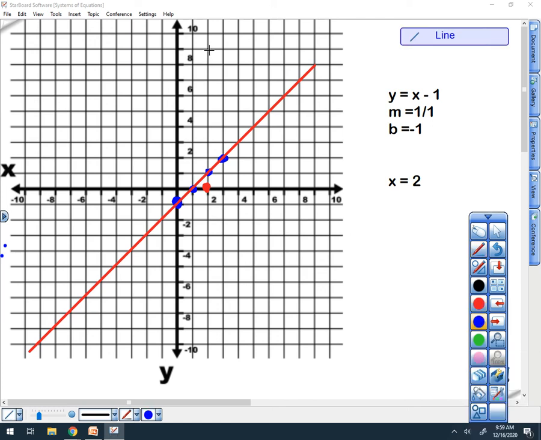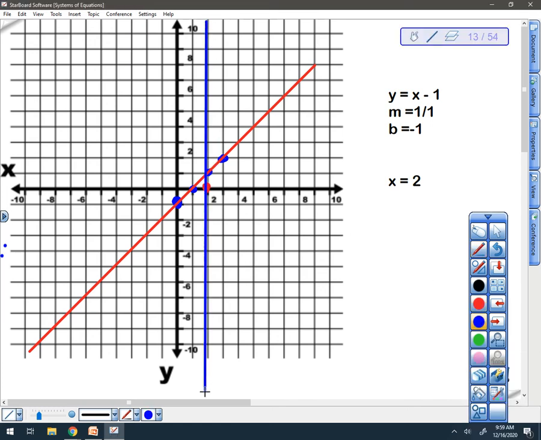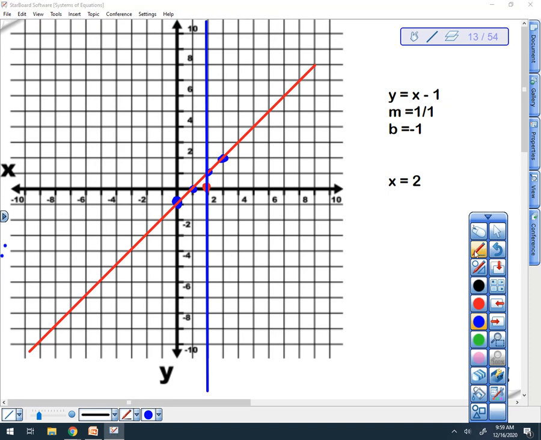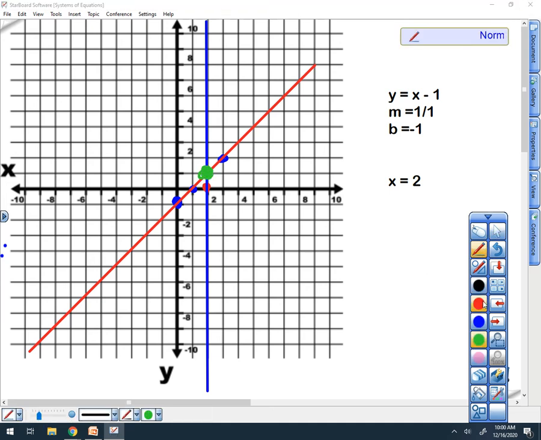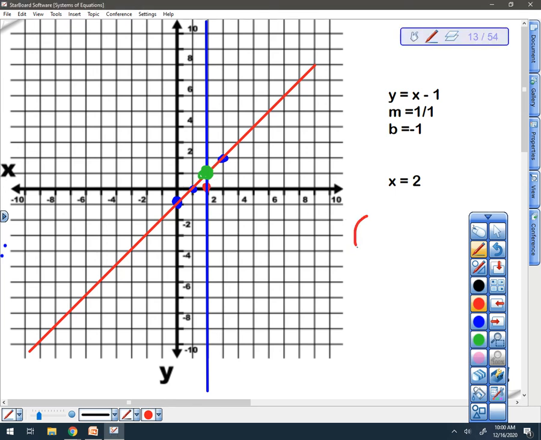So then we're just going to make a vertical line. And then we're able to look at it and see, where do they cross? They cross right there. Well, what point is that? That is the point 2, 1 over 2, up 1. So you have the point 2, 1.